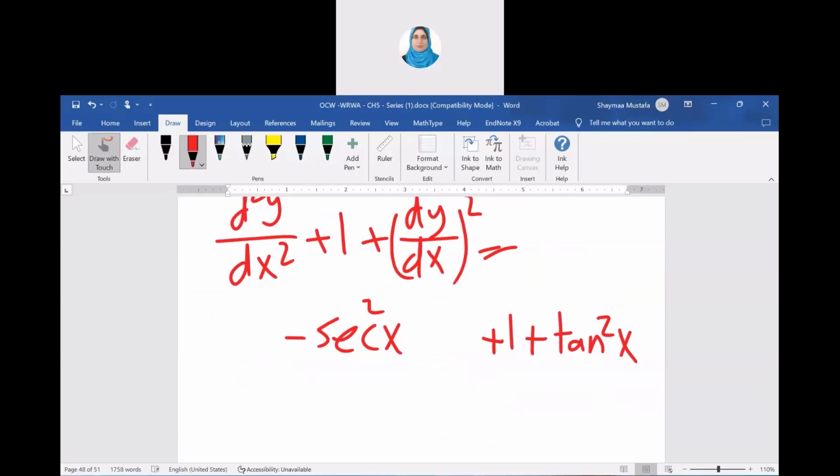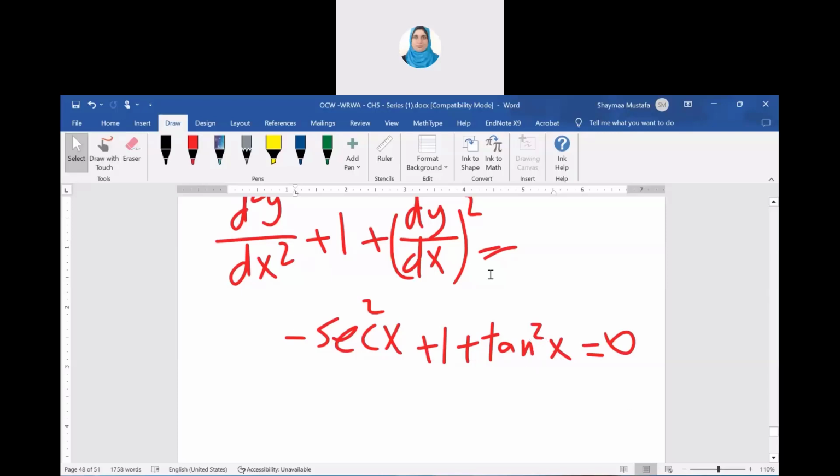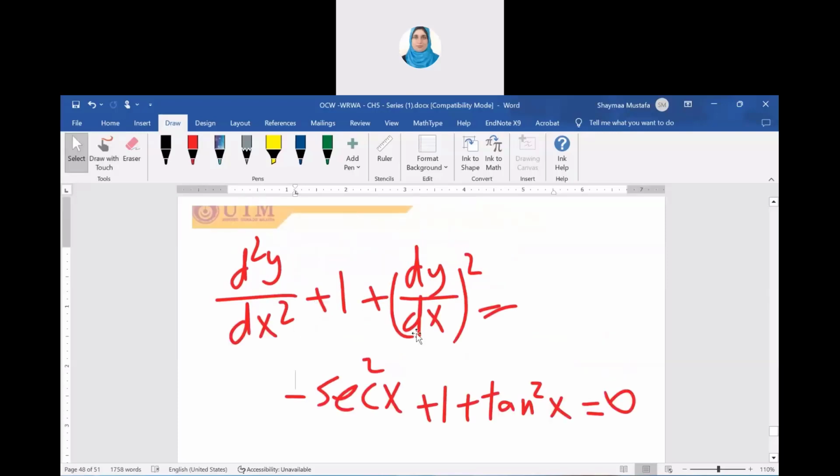Minus sec squared plus 1 plus tan squared x, which is equal, because 1 plus tan squared is sec squared, with minus sec squared equal to 0.